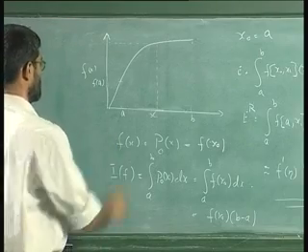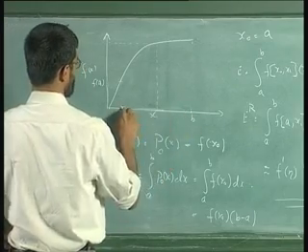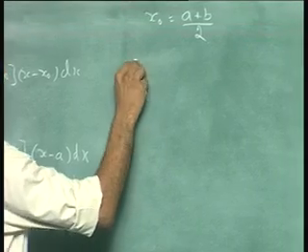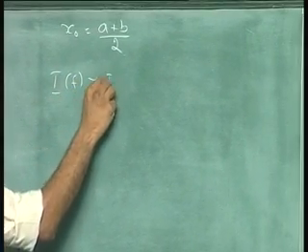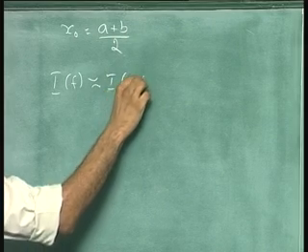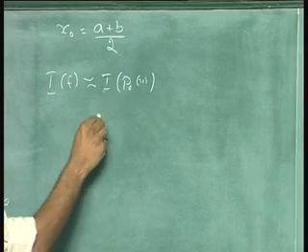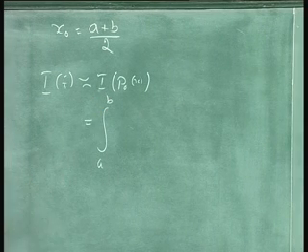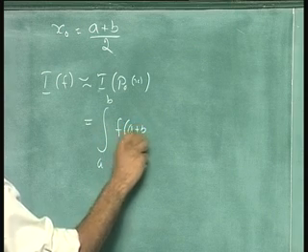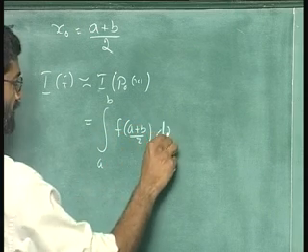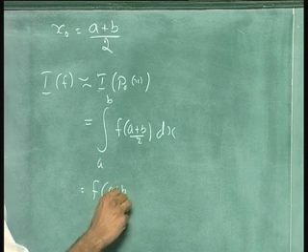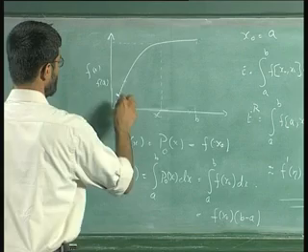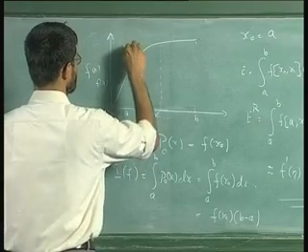Then I multiply that by b minus a. So my integral I of f, which is approximated by I of p0 of x, will become the integral from a to b of f of a plus b by 2 dx, and that will be f of a plus b by 2 into b minus a. So that is the area of this box.